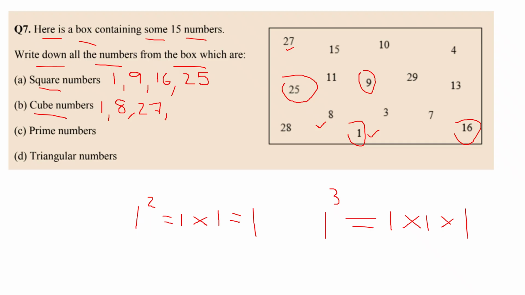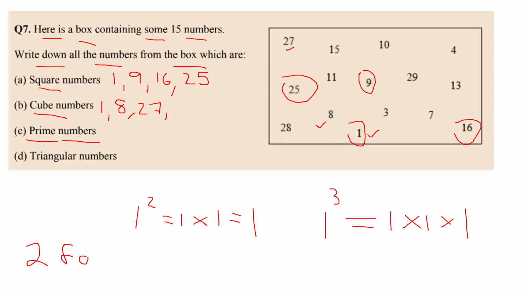The next one is 4 cubed, which is 4 times 4 times 4, which is 64. That's not on there, so I can stop there. Part C, prime numbers. A prime number is a number that has exactly 2 distinct factors: one and itself.